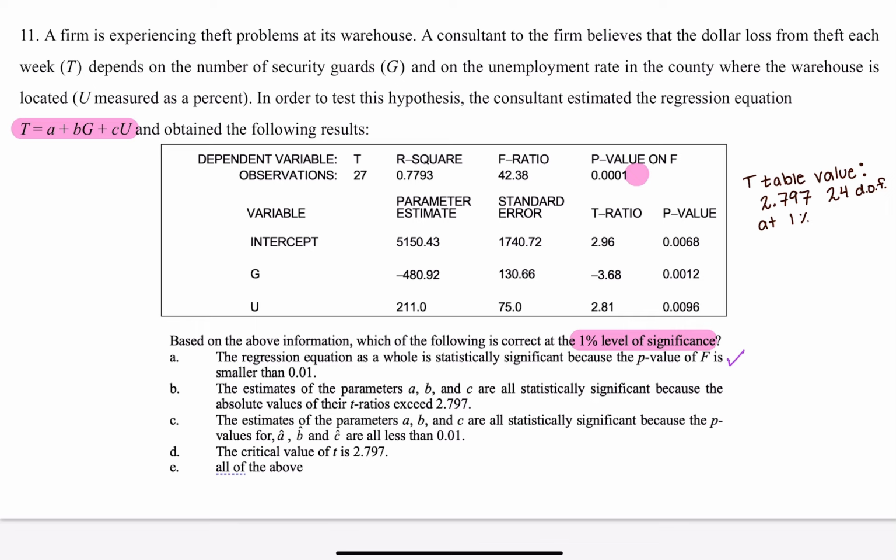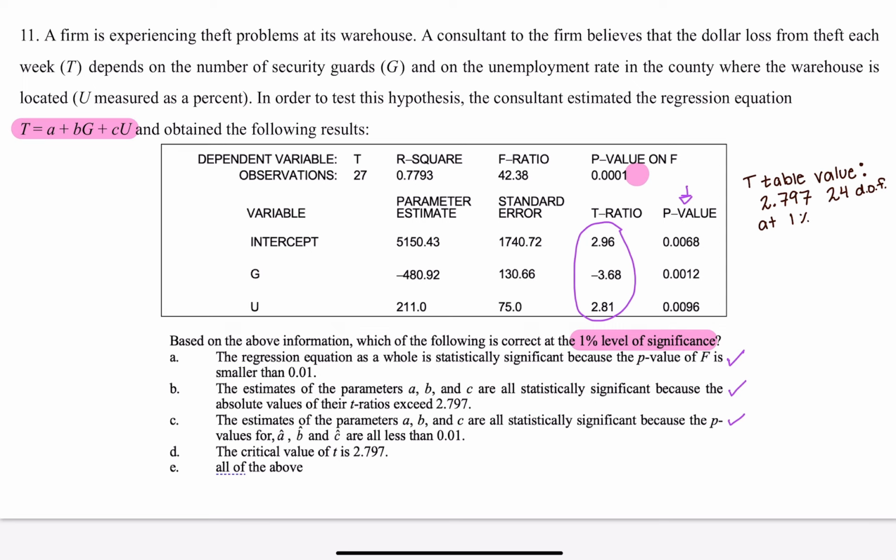The estimates of the parameters a, b, and c are all statistically significant because the absolute values of their t-ratios all exceed 2.797, and that is also true. The estimates of the parameters are all statistically significant because the p-values are all where we would like them to be for statistical significance at the 1% level, so that is also true.